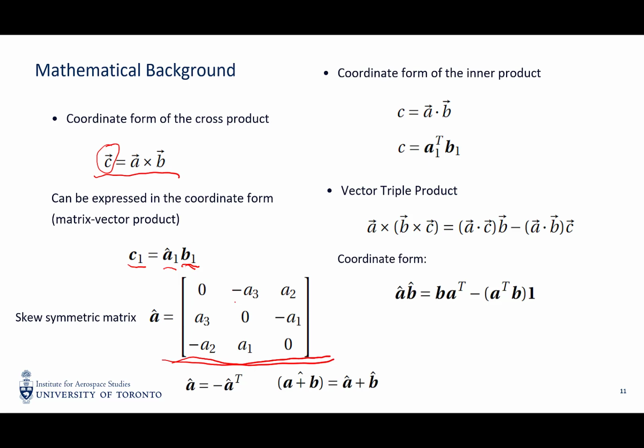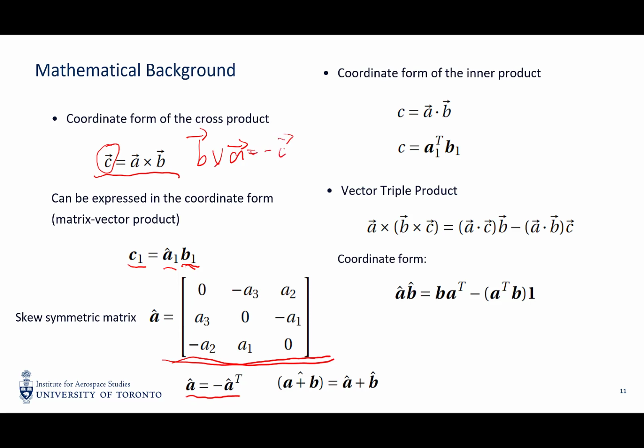And of course, by using the property of the cross product, we know that if we swap the order of the cross product, it will give us a negative result.